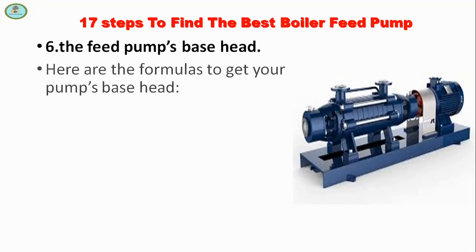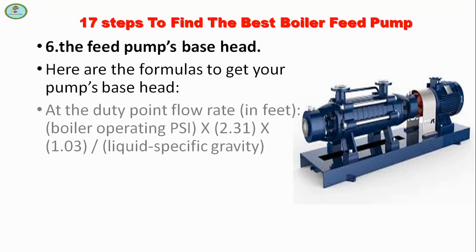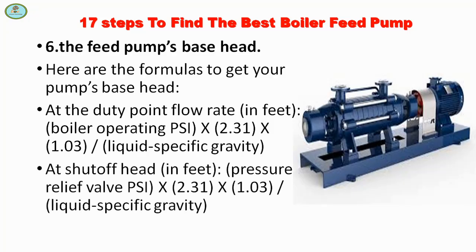Here are the formulas to get your pump base head. At the duty point flow rate in feet: boiler operating PSI times 2.31 times 1.03 divided by liquid specific gravity. At shutoff head: inlet pressure relief valve PSI times 2.31 times 1.03 divided by liquid specific gravity.